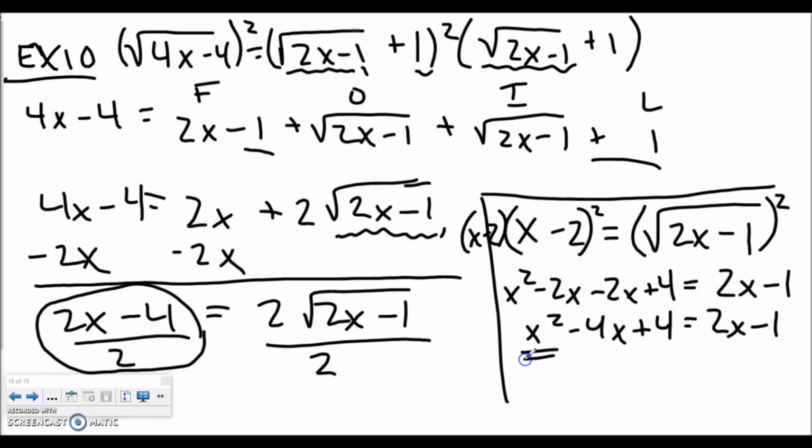Now we're back to, what do I do with an x squared in my equation? Well, I need to set that equal to 0. So since I need a little bit more space, let me go to a new page. So we have x squared minus 4x plus 4 equals 2x minus 1.